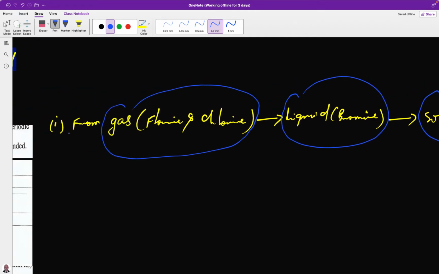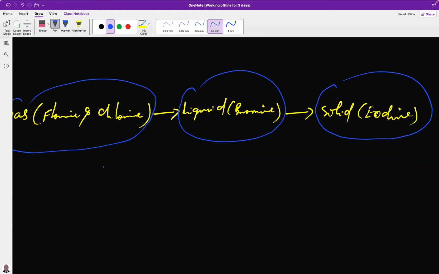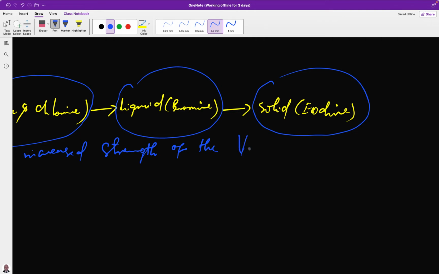Our reason is this: there is a change in the physical state from gas to liquid and to solid because of increased strength of the van der Waals forces down the group.